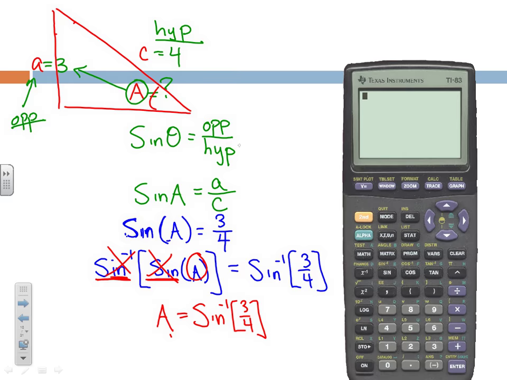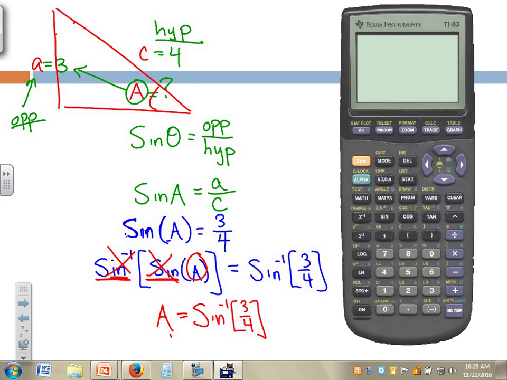So over here on my calculator, I'm going to hit second, and then sine, and that's going to give me the inverse sine. And inside of that I'm going to do 3 divided by 4. The answer that I get here is angle A, because A is equal to the inverse sine of 3/4.